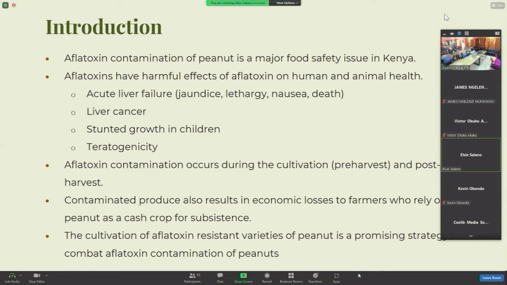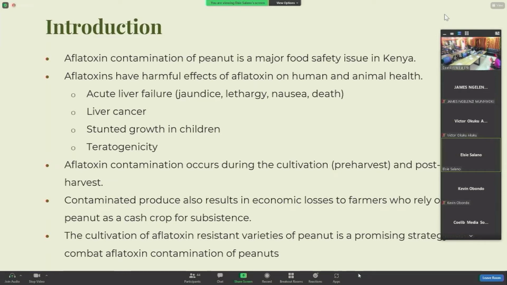We've had instances where peanut products such as peanut butter have been withdrawn from supermarket shelves because of containing high levels of aflatoxin.